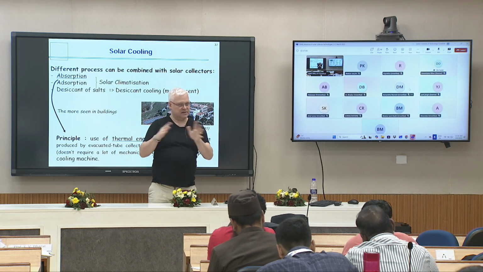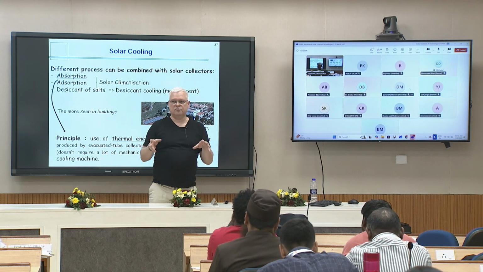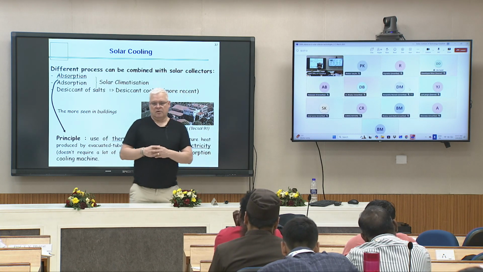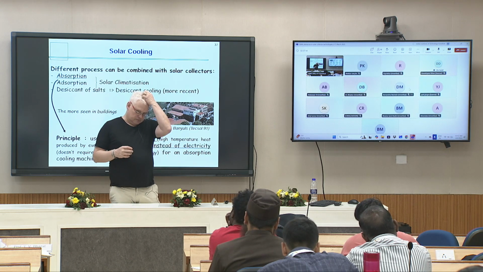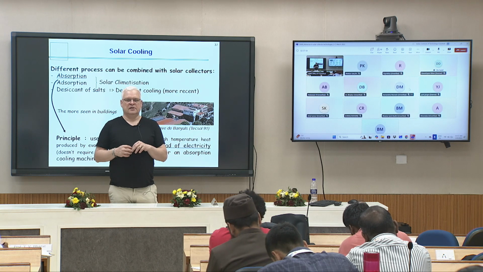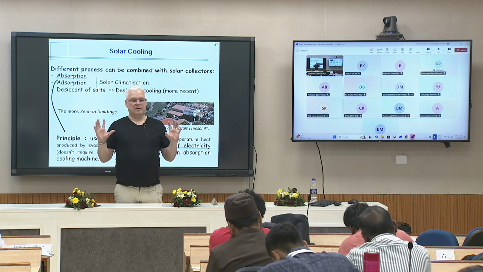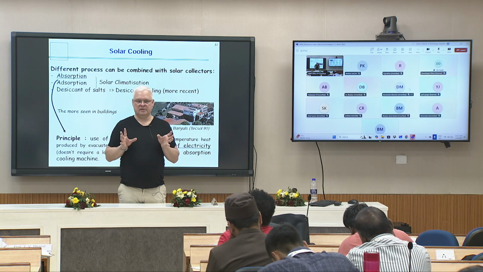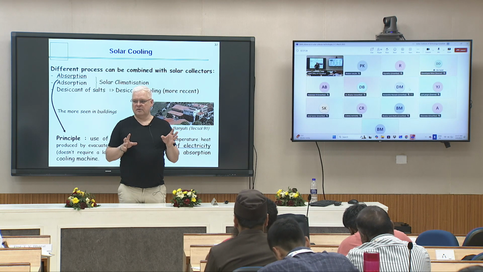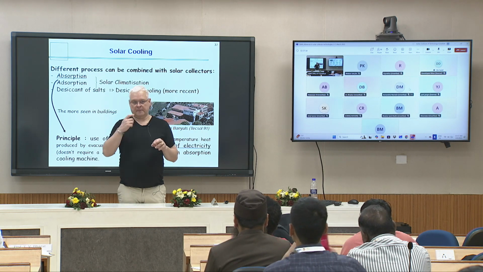Absorption now is the same phenomenon, but it is between two liquids, or one liquid and one gas. For example, a very efficient couple of absorption is ammoniac plus water.